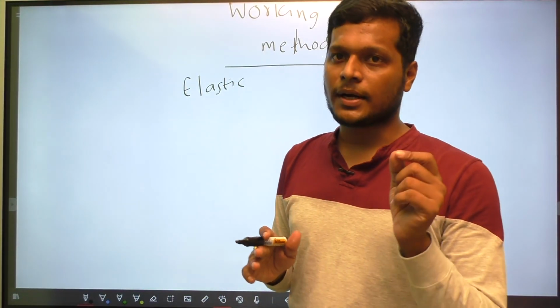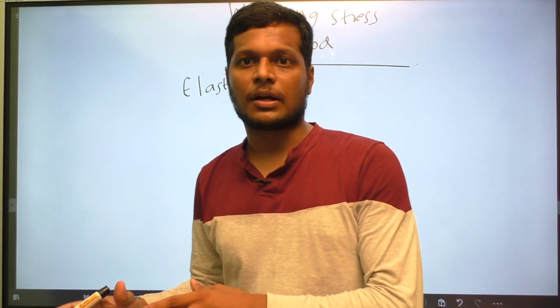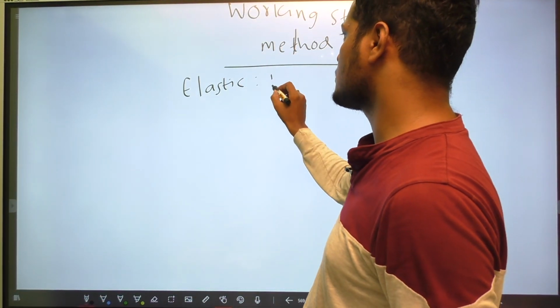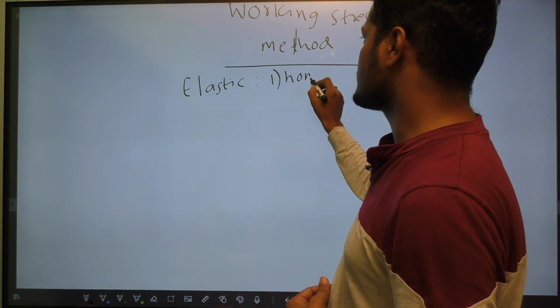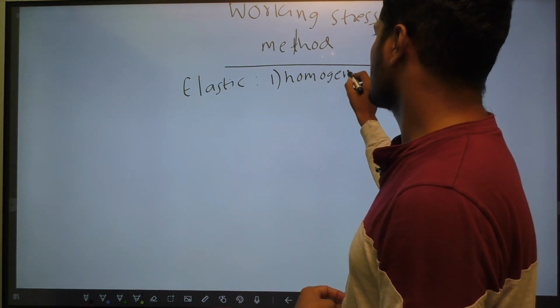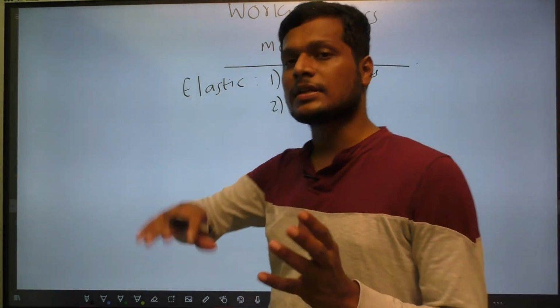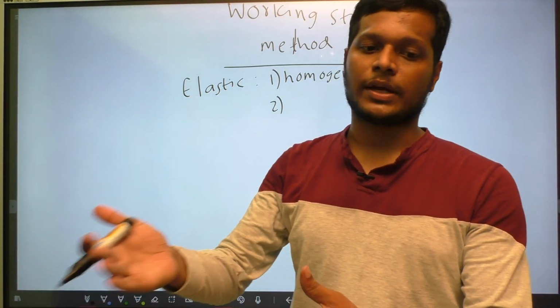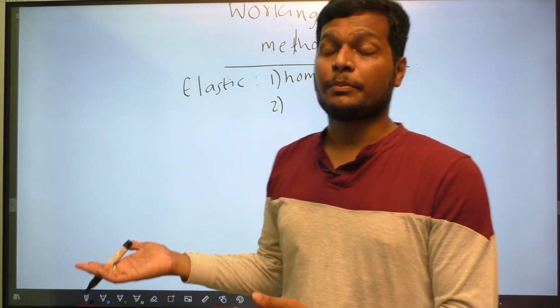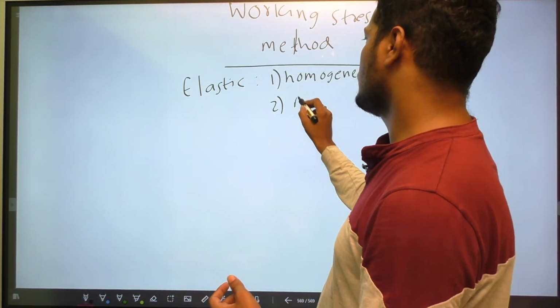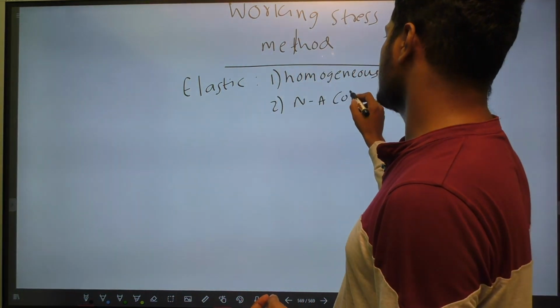The main important assumption for RCC design is that the material should be homogeneous. The second one, which is not an assumption but a derivation from the bending stress equation, is that the neutral axis coincides with the centroid.